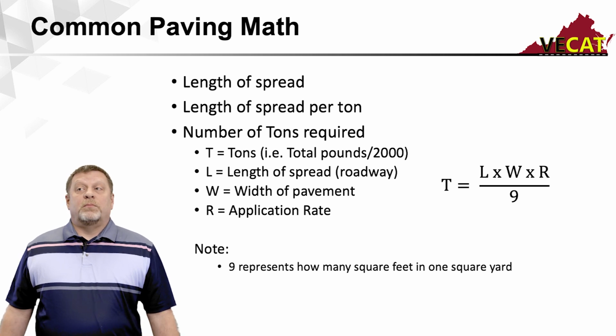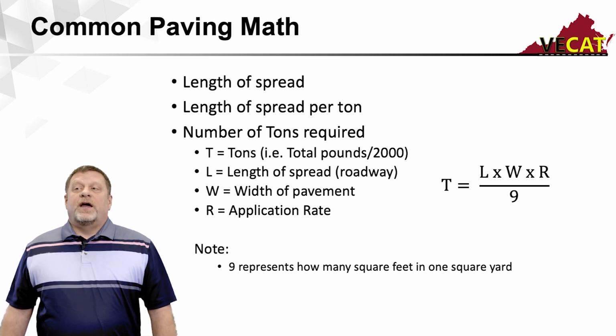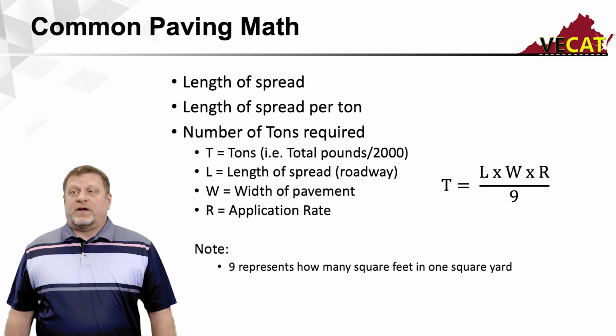Now let's talk about number of tons required for a project or for a section or for whatever it may be. Again, when we're doing calculations in this case, T is representing tons in total, but while we're doing our math, we will be using it in pounds and then have to convert it back when we're done with our calculation.